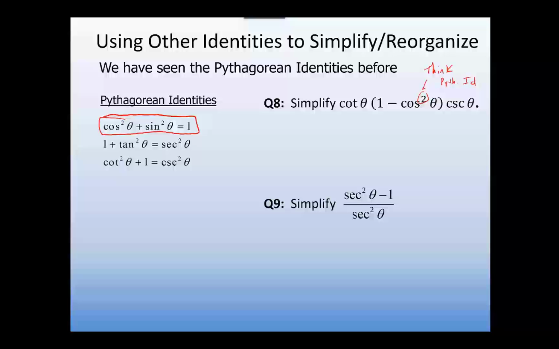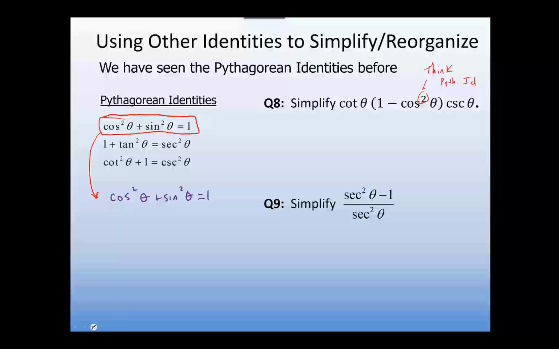So I'm thinking maybe I could rearrange this Pythagorean identity and find a new variation on it. Cosine squared theta plus sine squared theta equals 1.